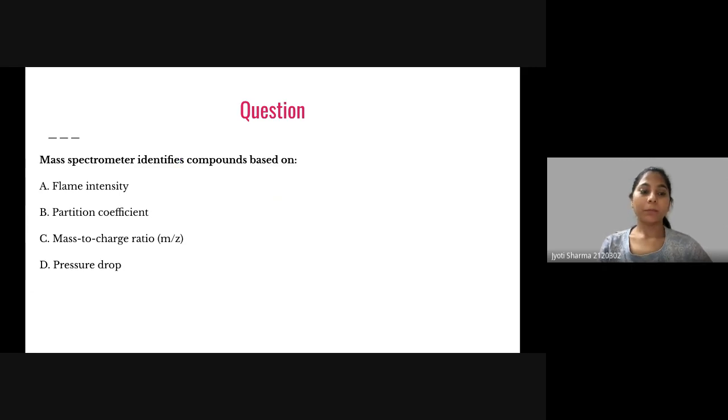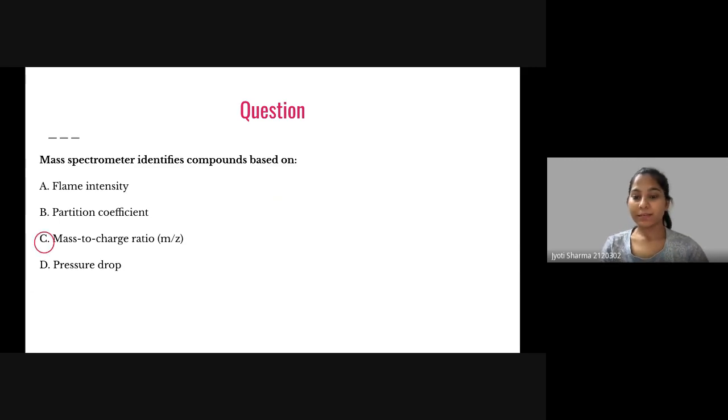Okay. So, mass spectrometer identifies compound based on flame intensity, partition coefficient, mass to charge ratio, pressure drop. Yeah, C answer is the right one, because it identifies compound based on mass to charge ratio.